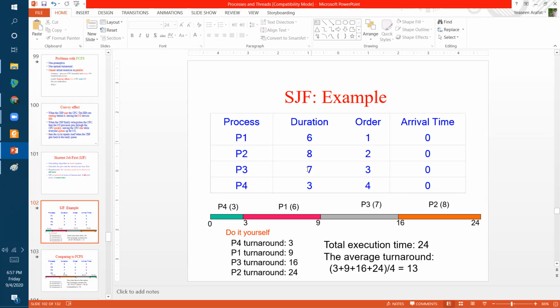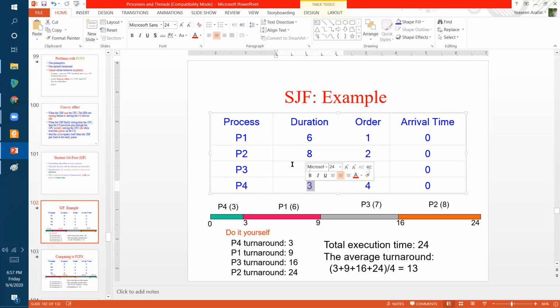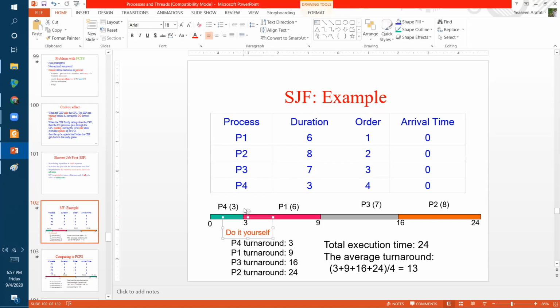P4 needs only 3 seconds to finish its job, but the other three need more than 3 seconds. So the scheduler will give the CPU to P4 first. P4 starts its job at 0 second because it has the shortest burst time, and it will end by 3.